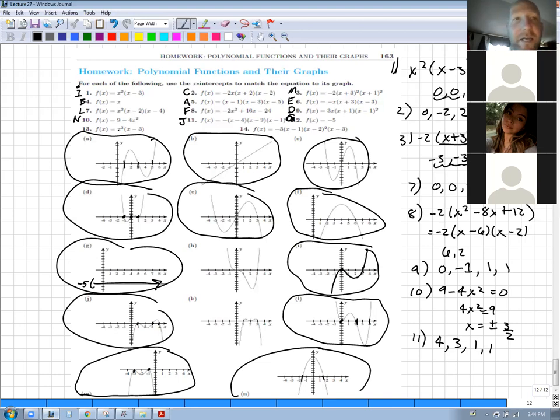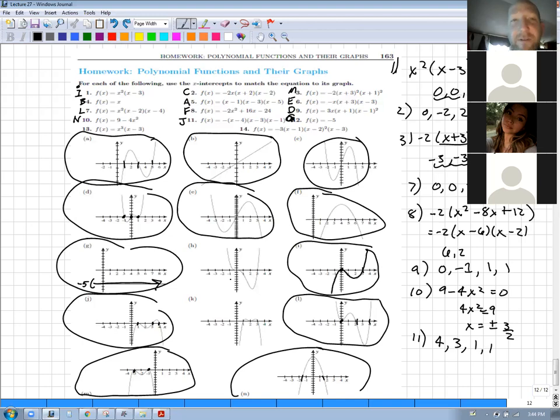13, this x cubed, that means we have 0, 0, 0, and then a 3. All right, so let's look at what's left. It's one of these two here, right? When you have these things twice, I said it touches, right?